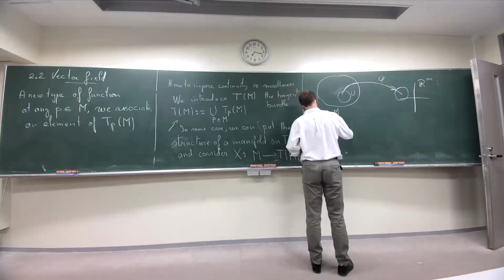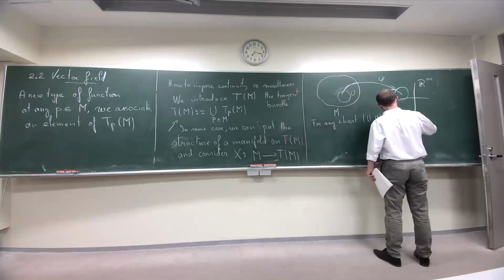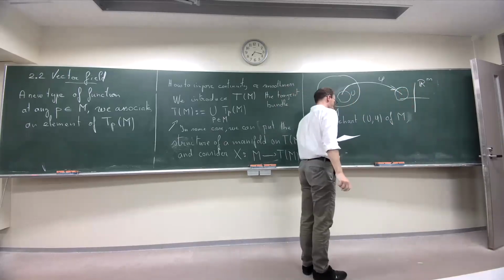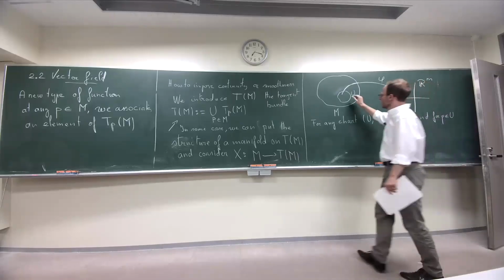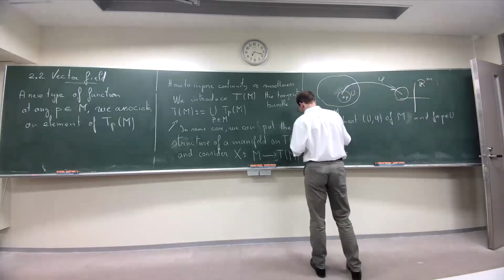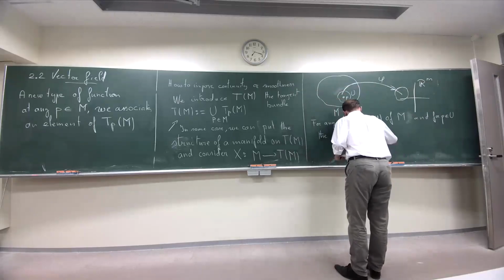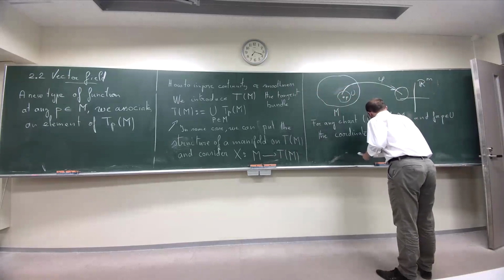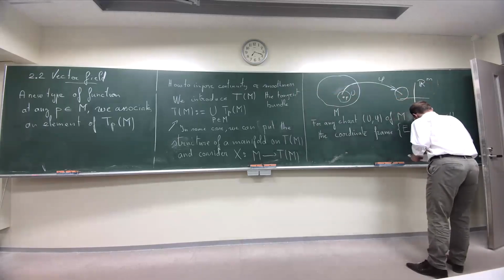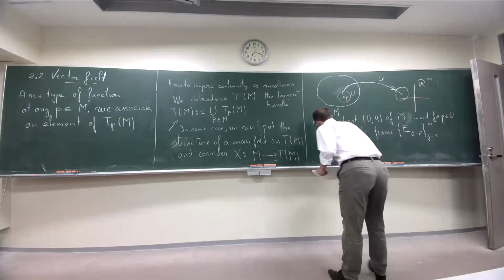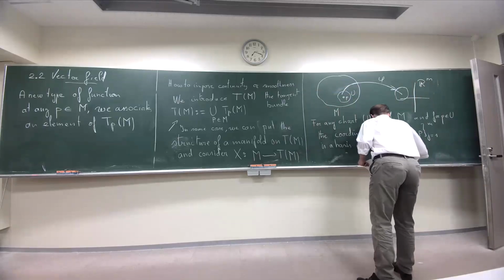So for any chart U, phi of M, and for any P inside U, the coordinate frame, and I recall the notation, the coordinate frame is this e_j of P, j from 1 up to m, is a basis, we know it, of T_P of M.